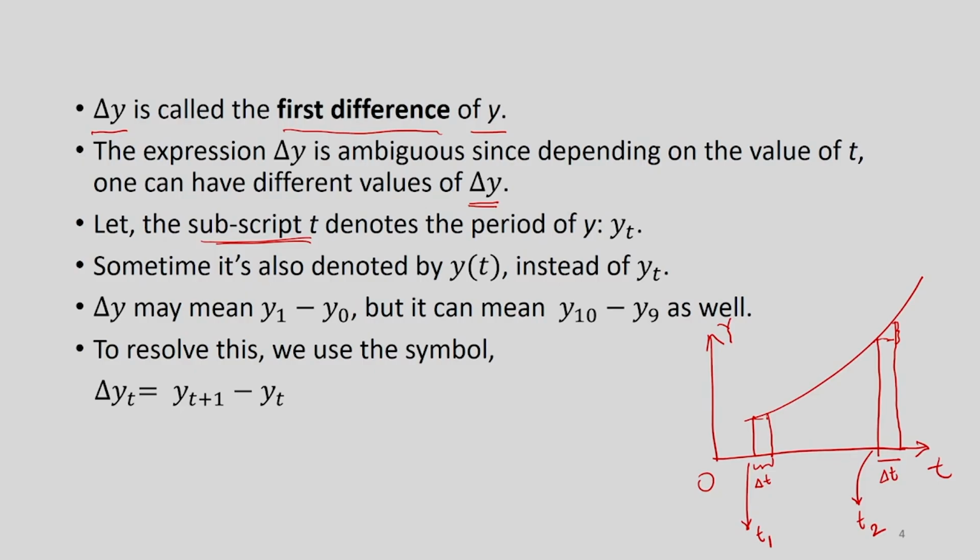So, to denote the t that we have in mind, we use this small subscript here. So, y subscript t. So, that will give us the reference point of time. Sometimes it is also denoted by yt. So, instead of writing this, we can also write y which is dependent on t. Both of these things mean the same.